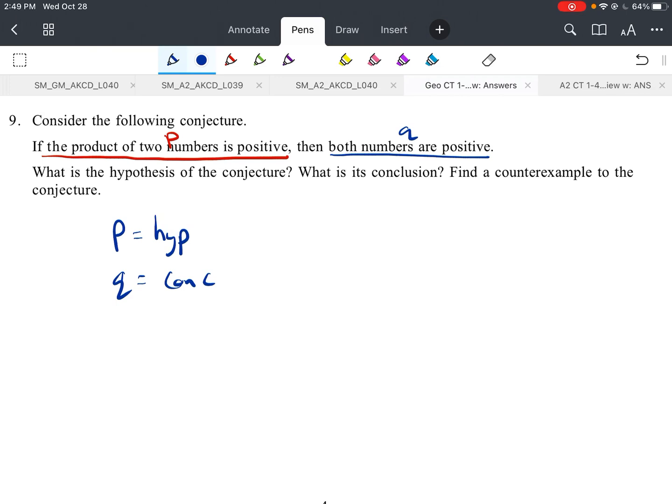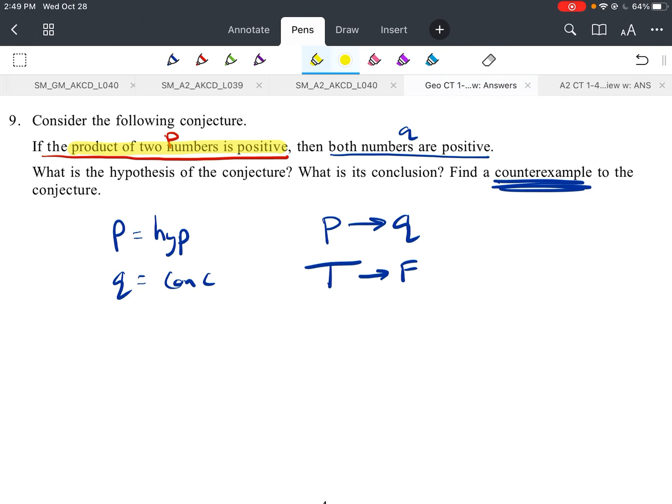Okay? Now, what is a counterexample? A counterexample is when you make P go into Q, which is a conditional, you want to have a true for P and a false for Q. True goes to false. So let's think of something that is true, that you have two numbers that multiply and make a positive thing, but then both numbers aren't necessarily positive. So I can think of a counterexample.